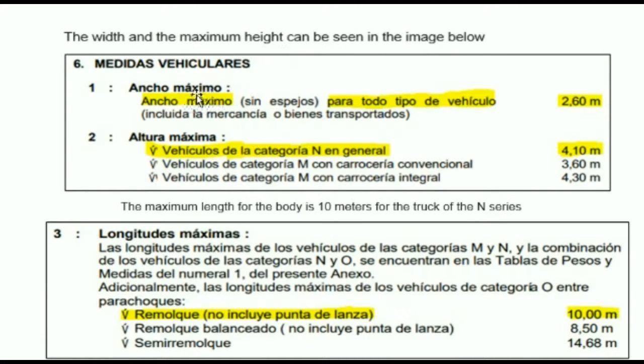The maximum width is 2.6 meters and the maximum height for the N series is 4.10 meters, and the maximum length for the body is 10 meters for the N series truck, and we can see this in the picture.